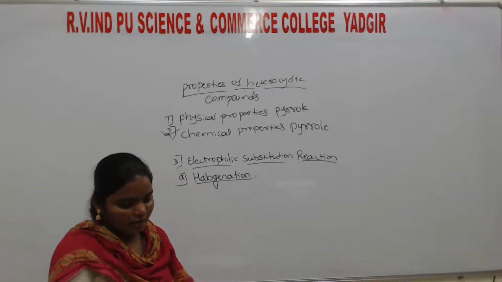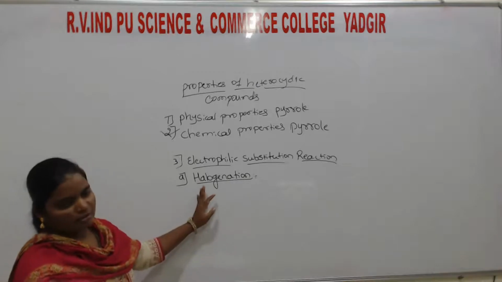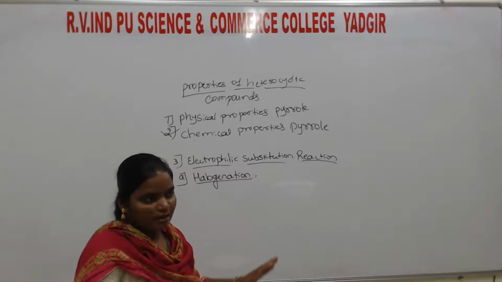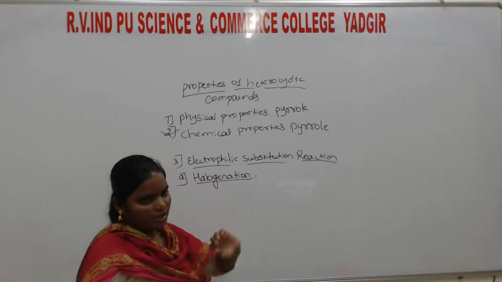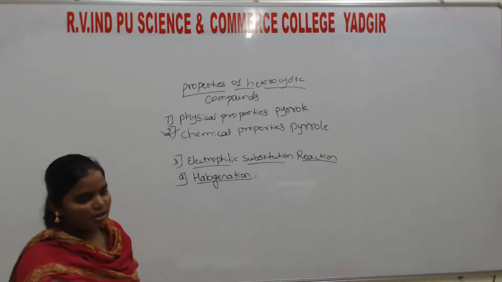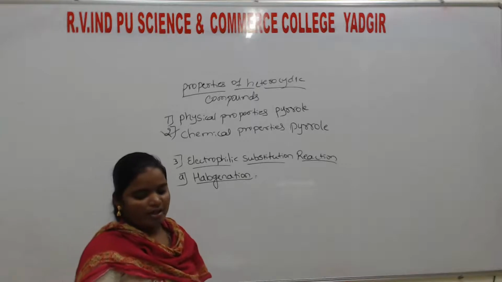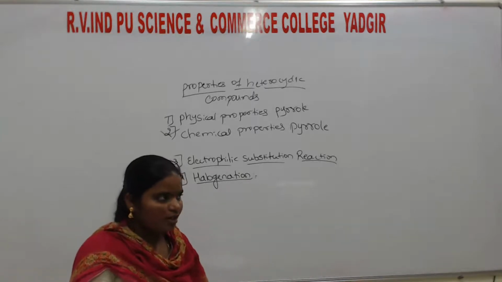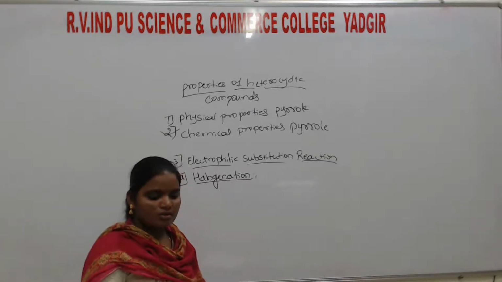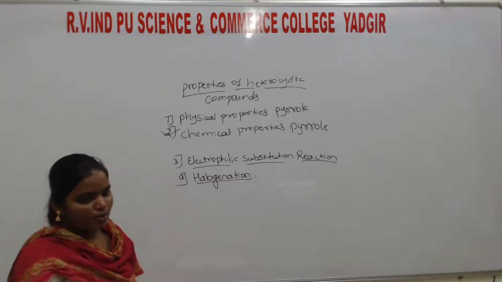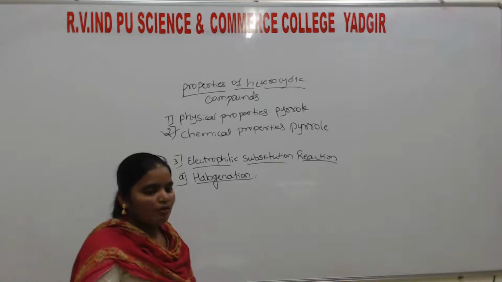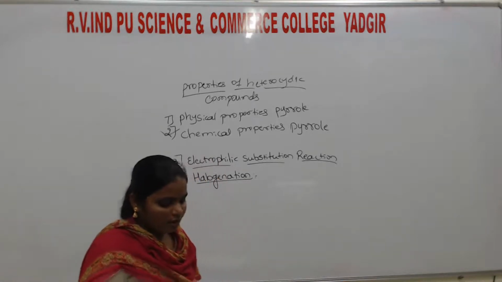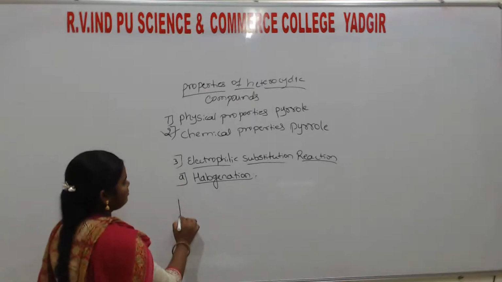Pyrrole is treated with a halogen such as bromine or chlorine. First, pyrrole is treated with bromine in acetic acid. It undergoes substitution reaction to give 2,3,4,5-tetrabromopyrrole.